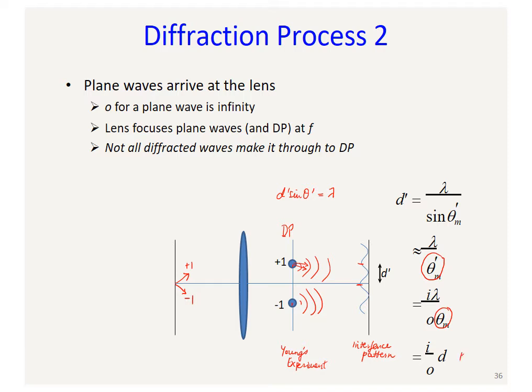What we can see here is that we have what we know this to be the magnification times d. That was the spacing of our grating. So our interference pattern is in fact the image of our object, and the spacing is the magnification times the original spacing.